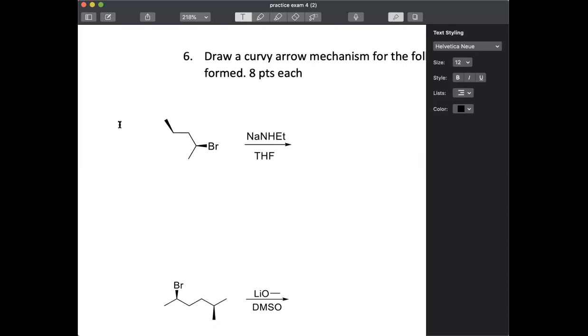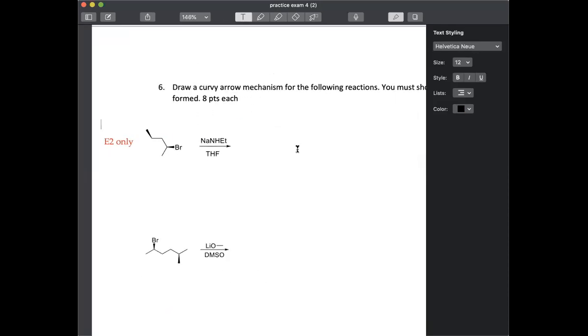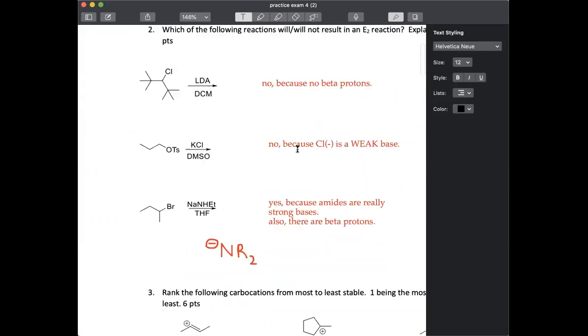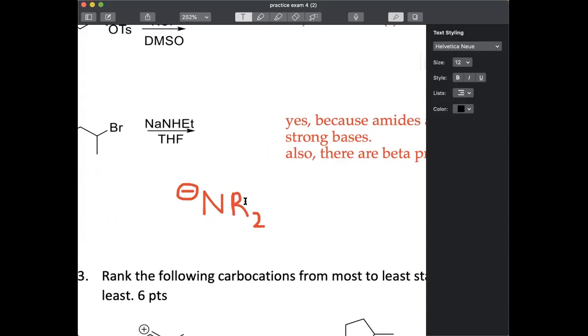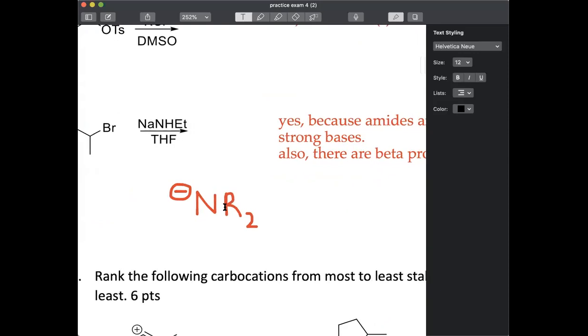Yes, it's E2 only, right? Remember what I said up here. If you have a negatively charged nitrogen atom, it's automatically E2, because these are such strong bases that they will do E2 over anything. Since they're really strong bases, they're not going to want to substitute. They're going to want to grab a proton. So it goes through elimination. Does that make sense?